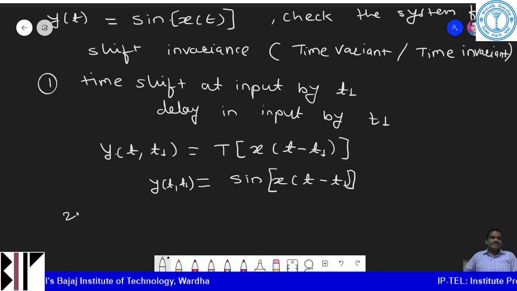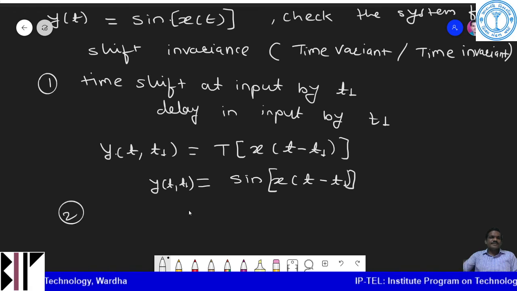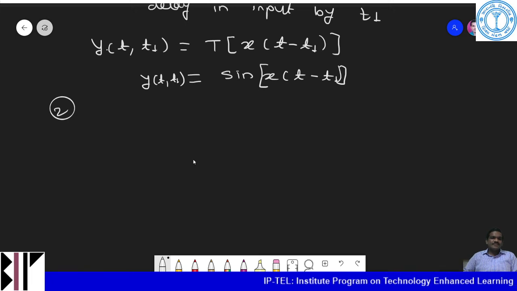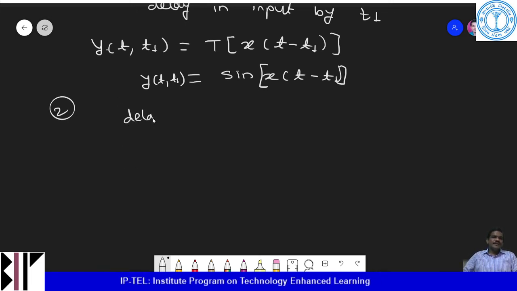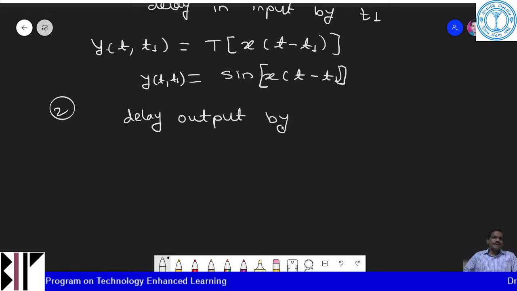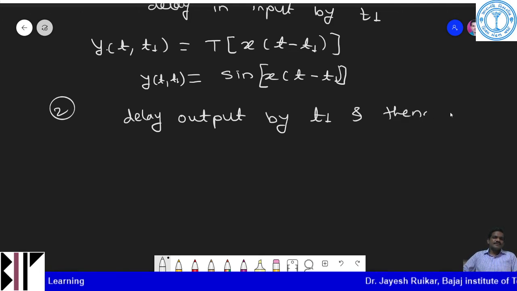Now, in the second step, we have to delay the output by t1 and then check.